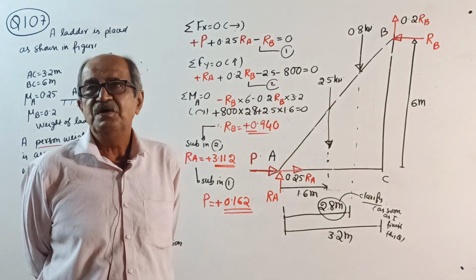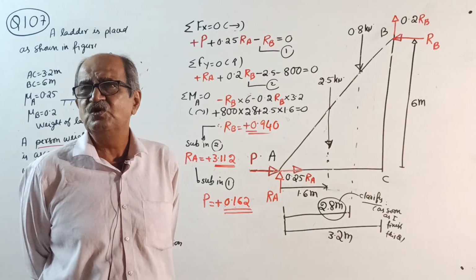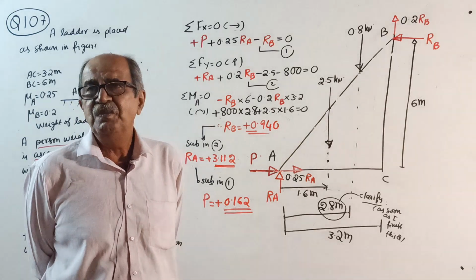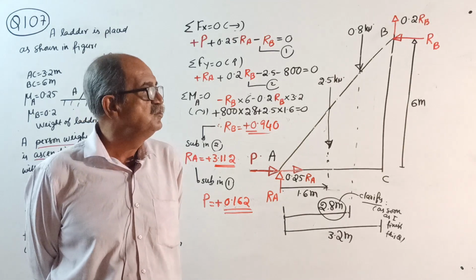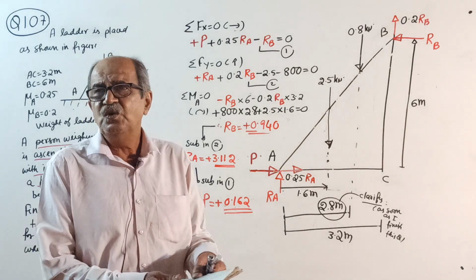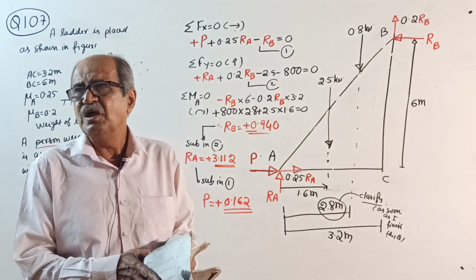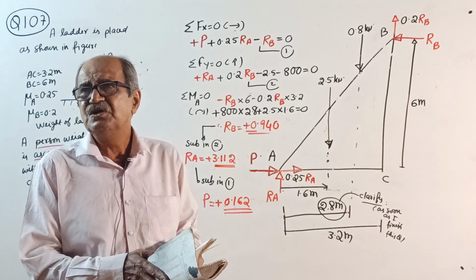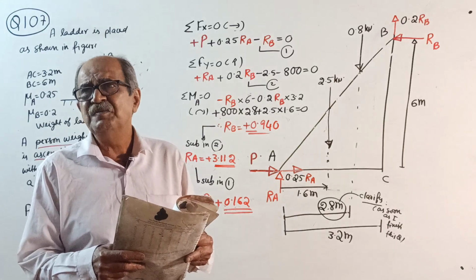If you see this class after some 10 years, who knows, the IS code might have changed that number. Right now, in June 2025, as I am uploading this class, the IS code says the maximum percentage of reinforcement for a column should not be more than 6%.